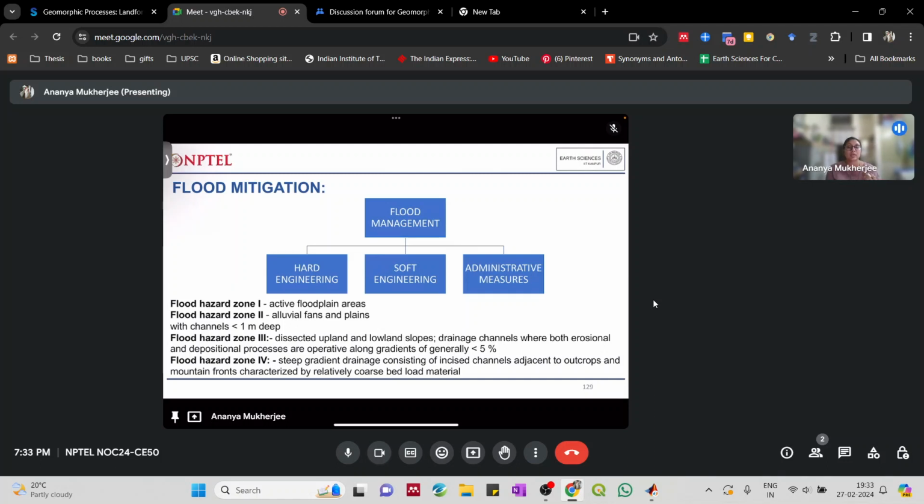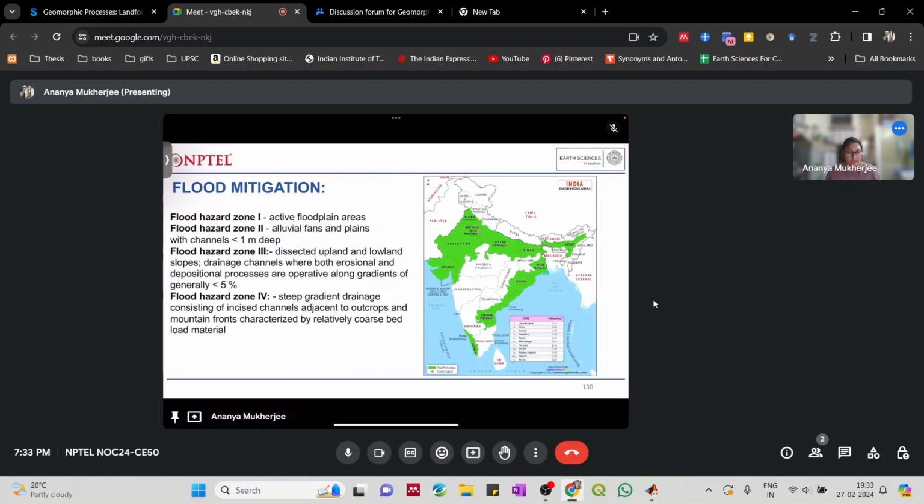And flood hazard zone 4 is usually where you have steep drainage, steep slopes, and drainage basins that have very erosive powers, that cause incised channels, and usually they occur in the mountainous regions. Okay, so you can see that most of the flood prone areas that we see over here are actually falling in zone 1, like Uttar Pradesh, Bihar, West Bengal, Orissa.